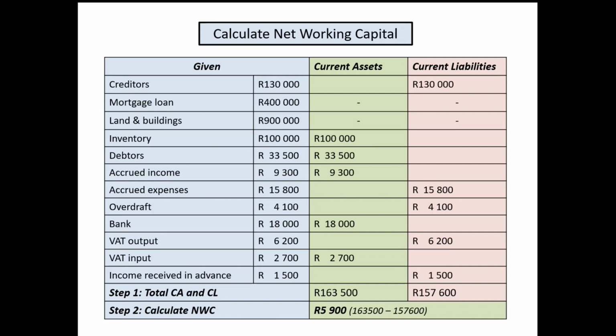Then we have something here that is accrued income. Now, accrued income means that you have done the work. Often your accrued income will be a service income, but you are still waiting for the money, and therefore it is a current asset. But the same applies for accrued expenses.